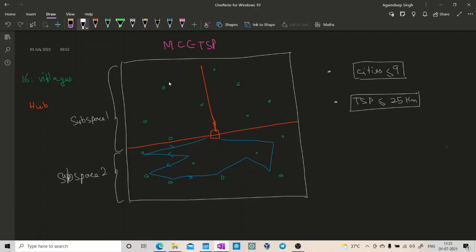Let's call this subspace 1 and this subspace 2. If subspace 1 satisfies both cities and TSP, we calculate the TSP route for it.